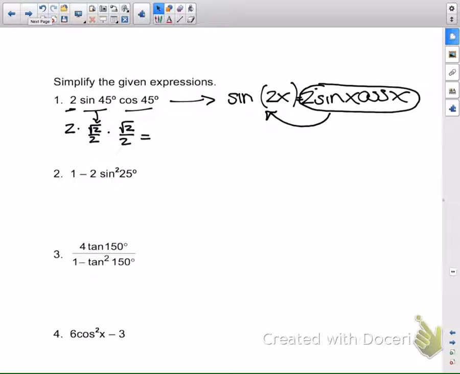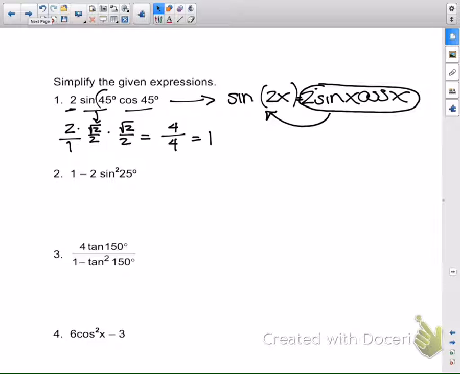It's not difficult to do without a formula to simplify it with. If I was multiplying this out, then this is like a 2 over 1. If I'm multiplying all my pieces together, what's it going to give me on top? 2 times 2 is going to give me 4. On bottom, 2 times 2 is going to give me 4, and that's going to give me 1. Okay, so I can do that without a formula. I can just plug in what I know.